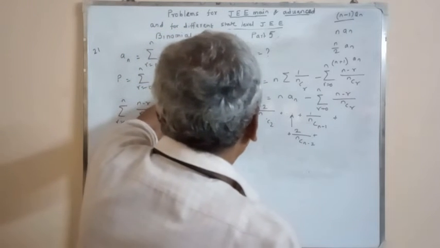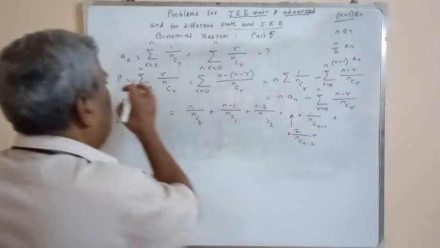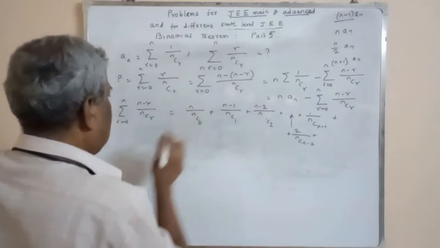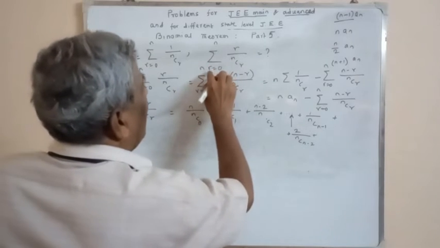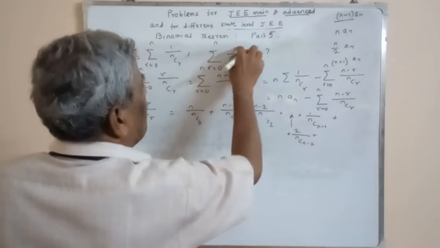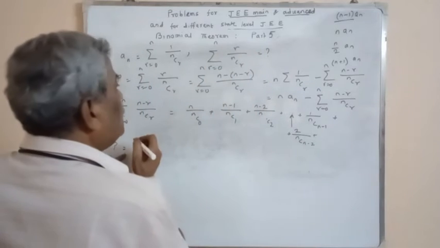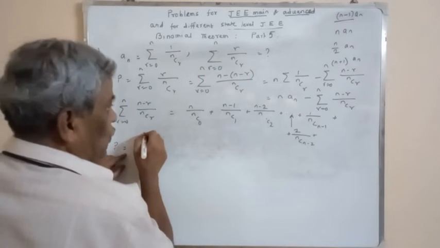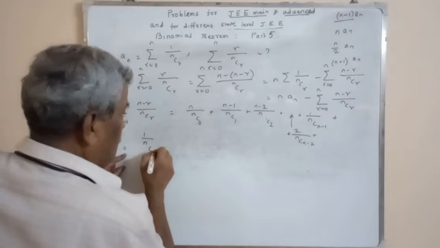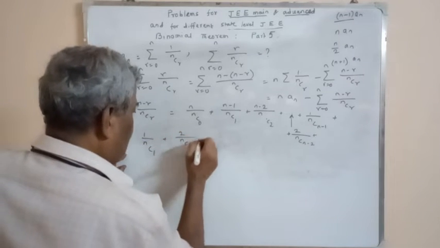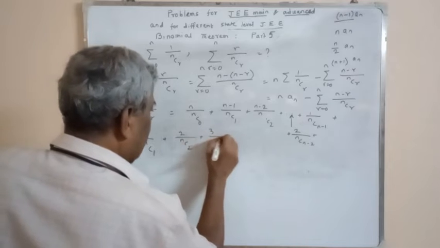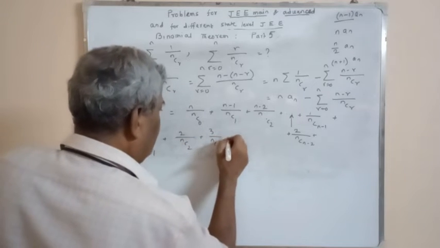Now this one, which is p. P is this. So P, you see, is equal to, putting r is equal to 0, this is 0. Putting r is equal to 1, this is 1 by nC1. Then 2 by nC2 plus 3 by nC3.